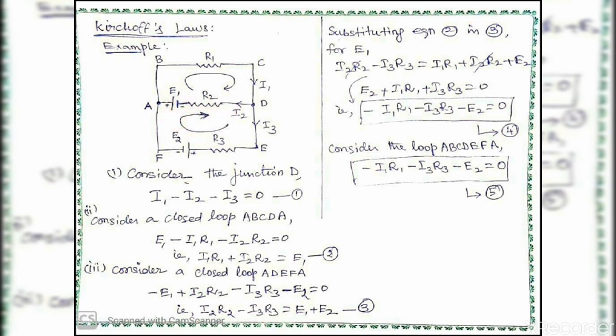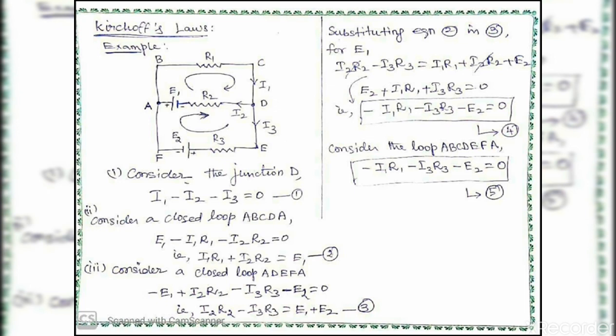So we can write minus E1 plus I2 R2 minus I3 R3 minus E2 equals 0. Taking E1 and E2 to one side, I2 R2 minus I3 R3 equals E1 plus E2. So this is equation 3, given by the loop ADEFA.